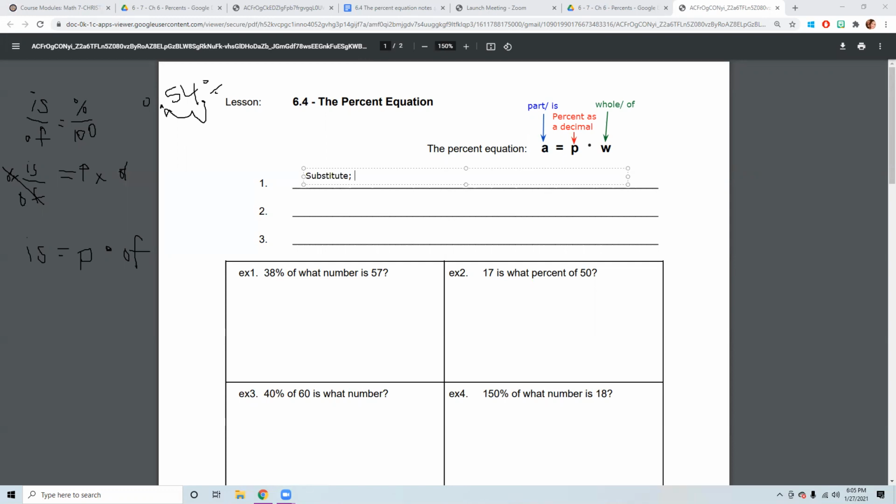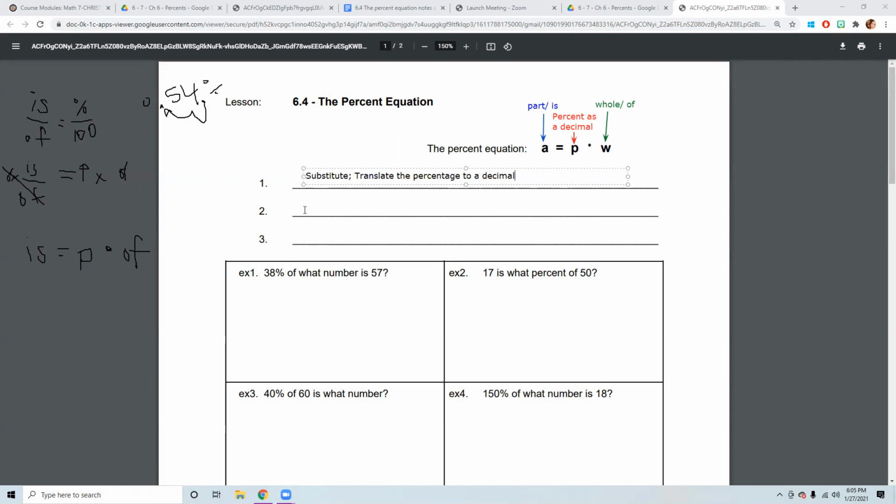And then the only thing that you need to remember is to translate the percentage to a decimal. Because if you don't do that, you're going to get the wrong answer.